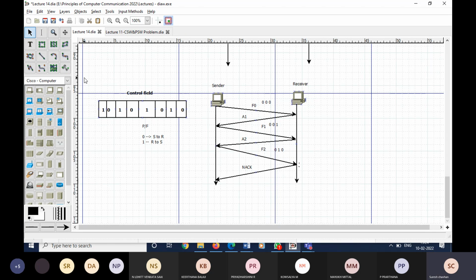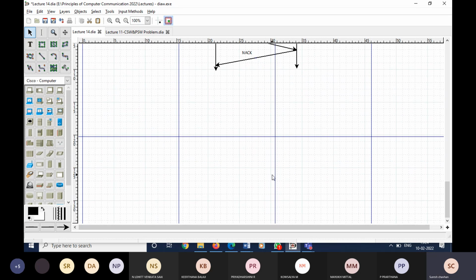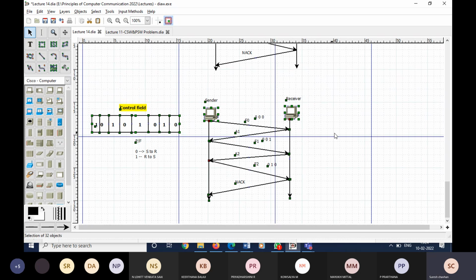So now we'll take one more example. Whatever ARQ we have studied, those things I'm going to realize using these bit patterns. Now I'm having 1 0. Here I'll make 0 1, 0 1.